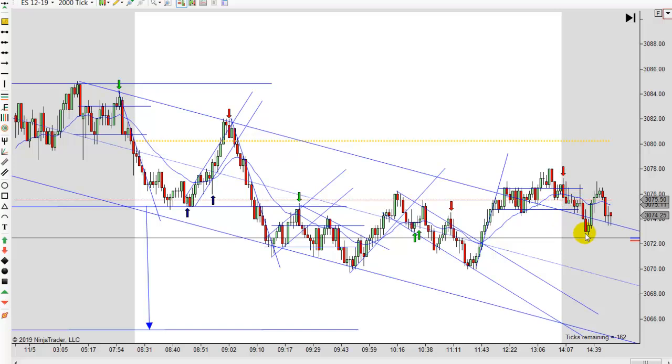Because you don't know that even though it pushed on down, it bounced here again, and you don't want to get stopped out. You wouldn't have in that case, but you don't know that ahead of time, so you got to play it safe and play it by the rules, or else you risk getting burned on a trade because you didn't have enough room to scalp out.